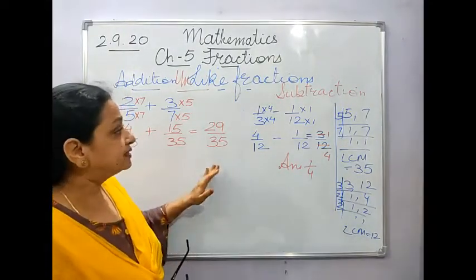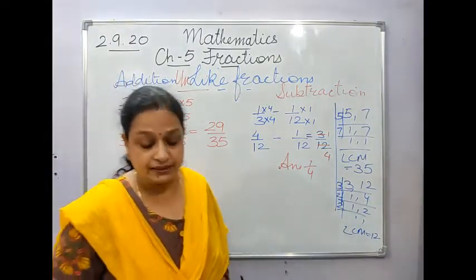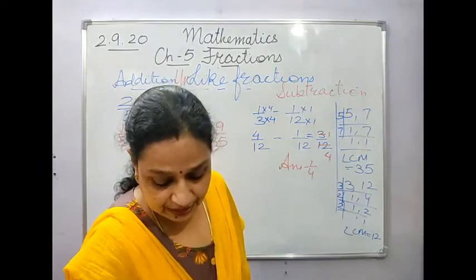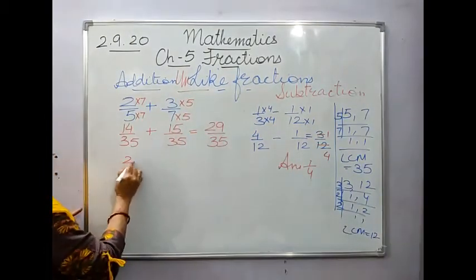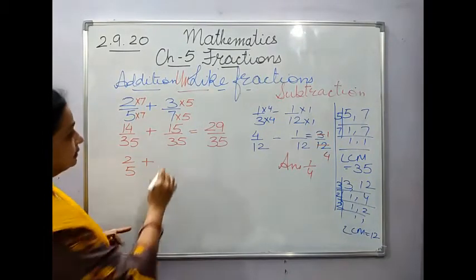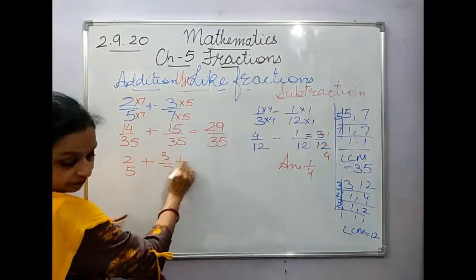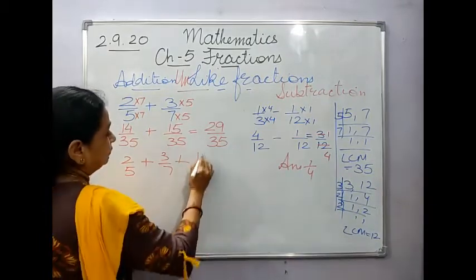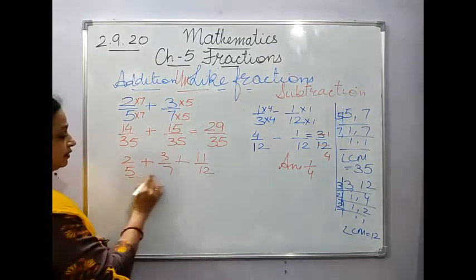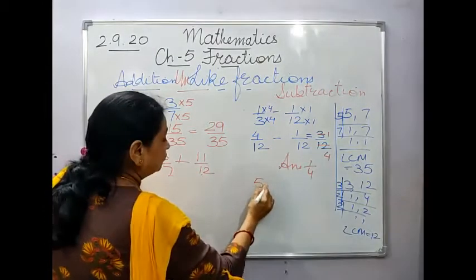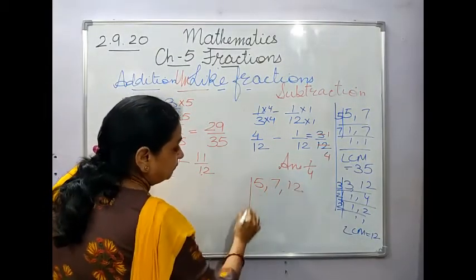Clear? So in the same way you will be doing all these sums. Now I'll show you one more. Suppose I add 2 upon 5 plus 3 upon 7 plus 11 upon 12. The method will remain the same. Here you will take out the LCM of 5, 7, 12.